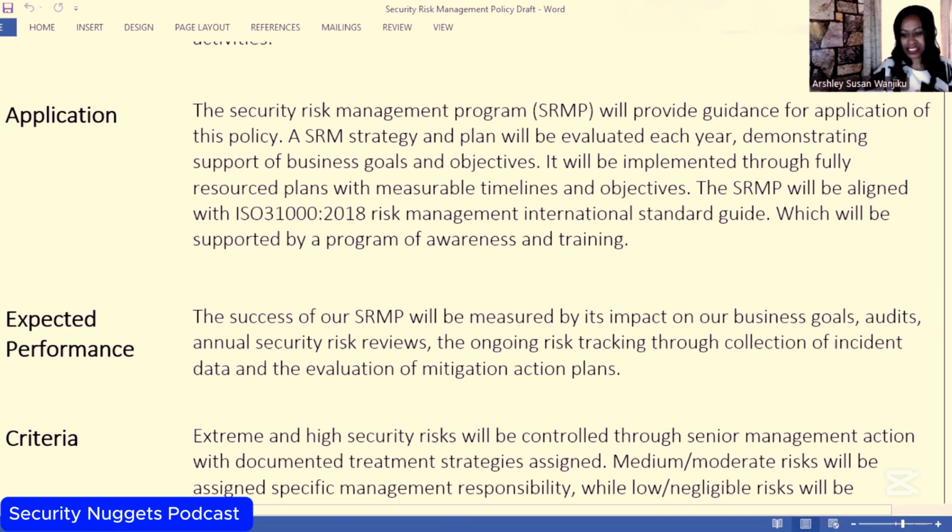This means that the organization is going to fully support it and provide the relevant resources to enable its efficient and effective implementation and execution. Again, it is going to be aligned to an international standard for risk management, okay? Assuming that this is the structure that the security risk management program is going to adopt.